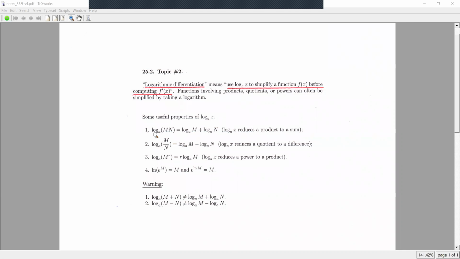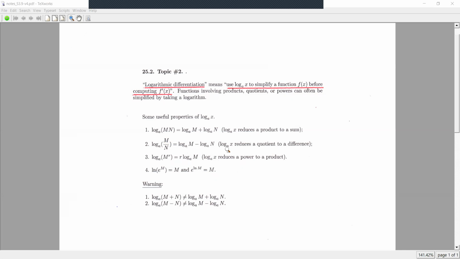Property number 1, the log of a product is equal to the sum of the two logs. This property says that log reduces a product to a sum. Property number 2, the log of a quotient is the difference of the two logs.